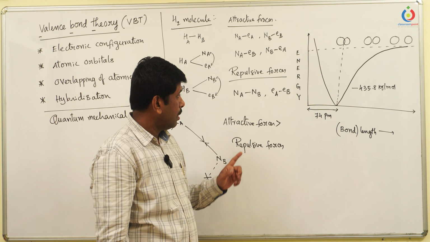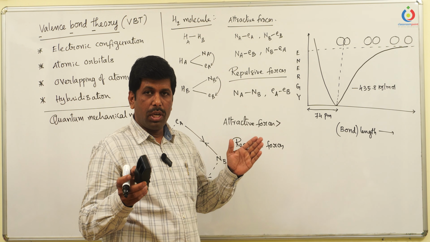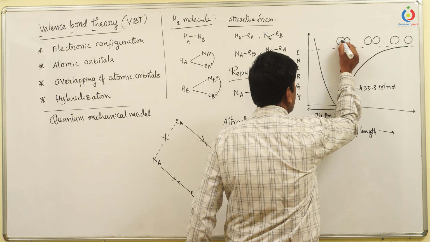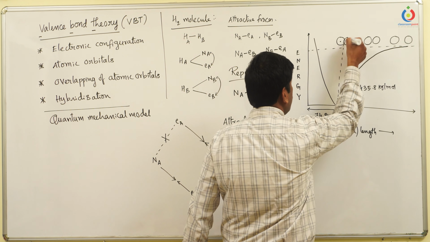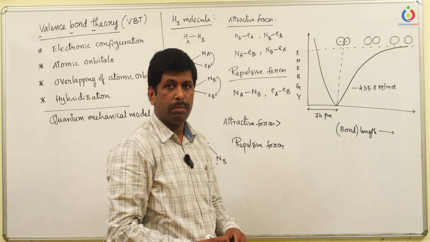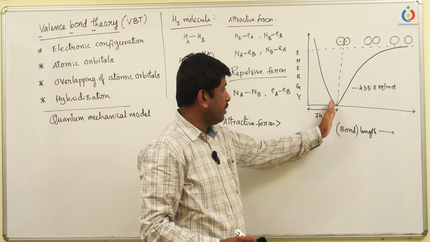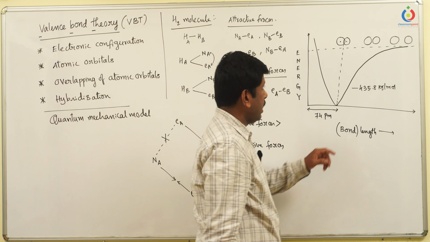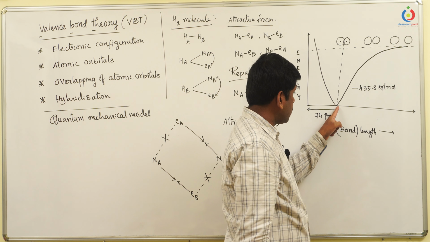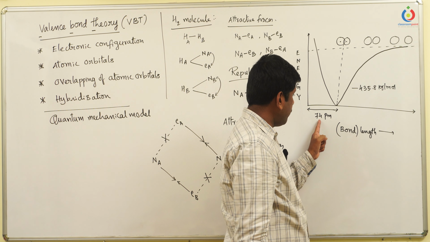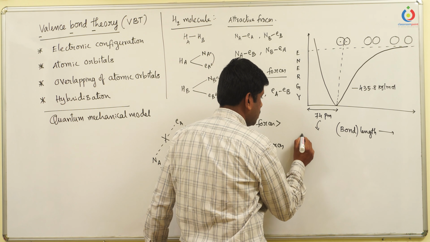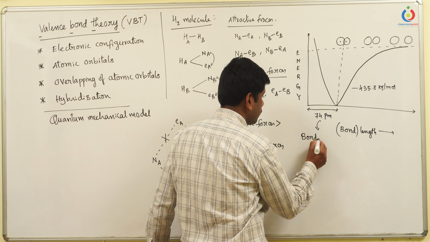The reason is, if they try to come even closer, the nucleus of one hydrogen atom tries to repel the nucleus of the other hydrogen atom, so the repulsive forces between the nuclei will raise the energy. So the minimum distance they can approach is 74 picometers. This can be considered as the bond length.